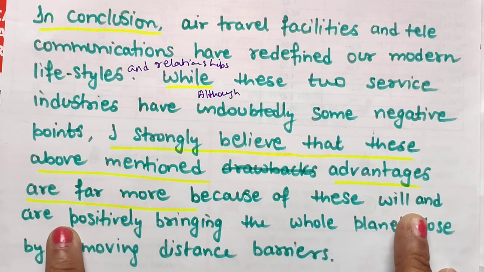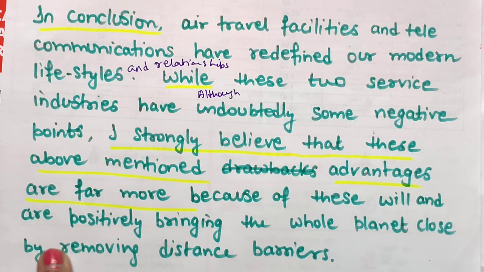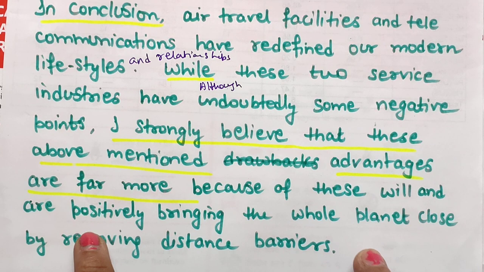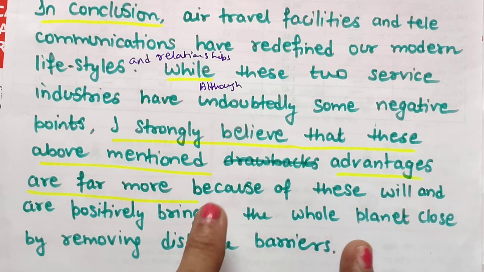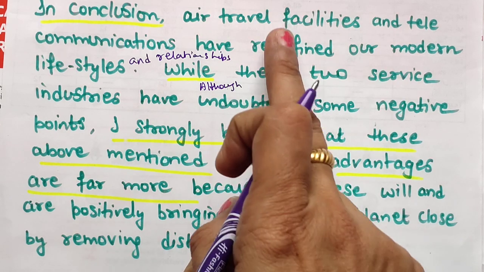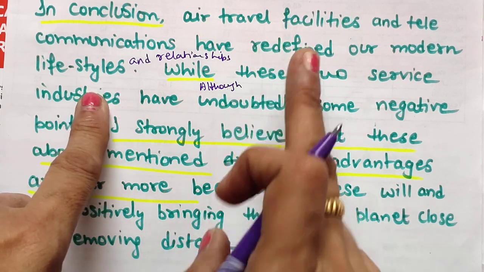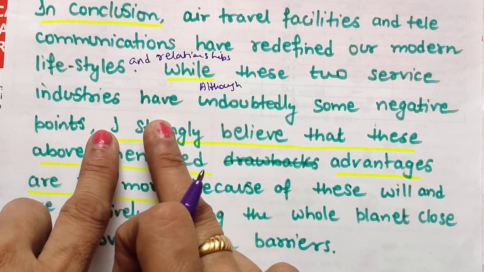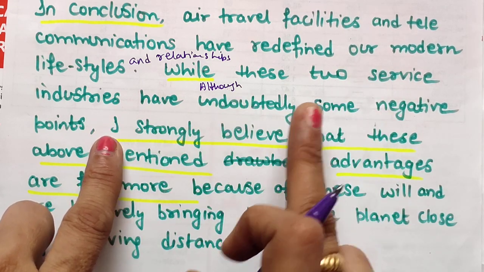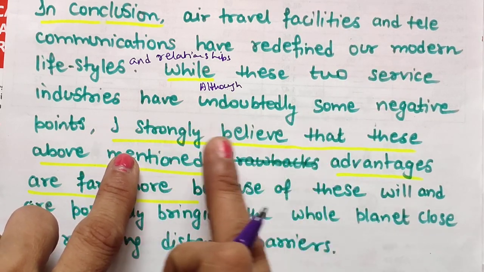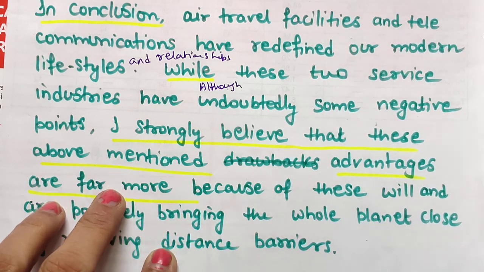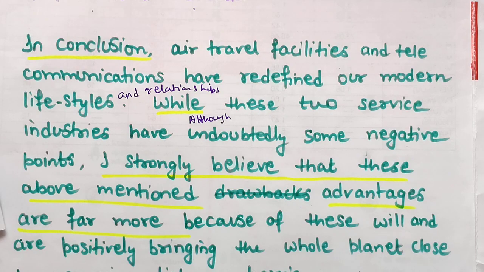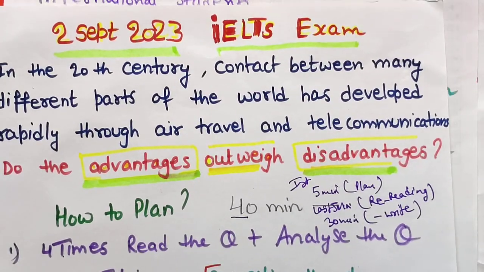Because these will and are positively bringing the whole planet close by removing distance barriers. Okay, so this reason I have given, and this is the re-announcement of the topic again, and talking about the disadvantages, and then I am giving my opinion about the topic. So you can see this conclusion also. This was my topic. Thank you.